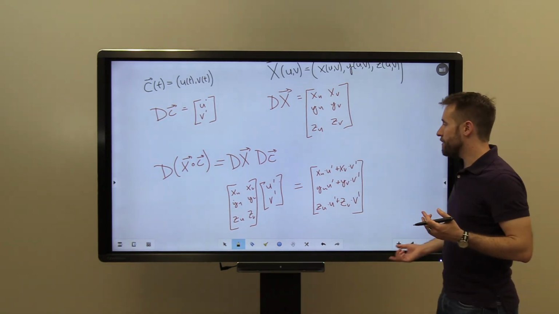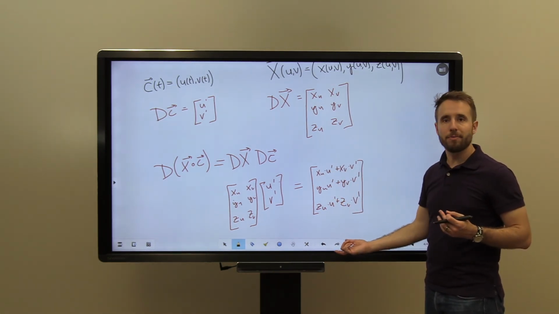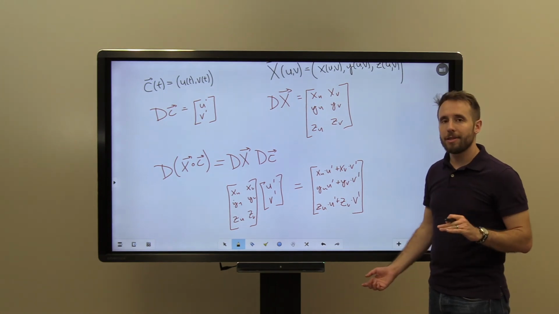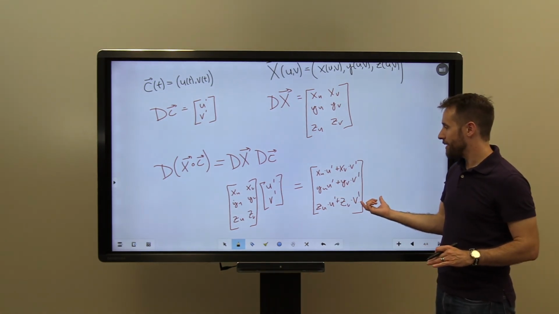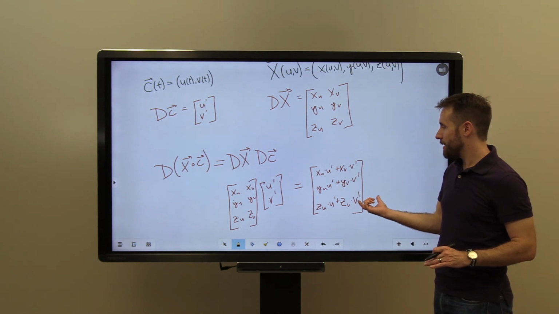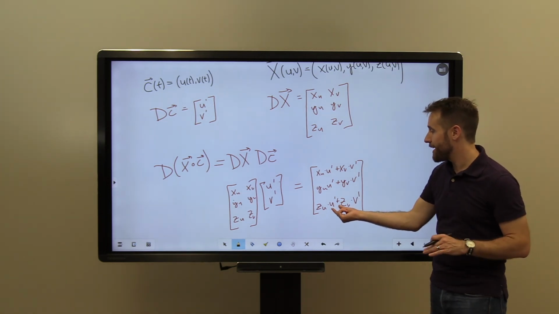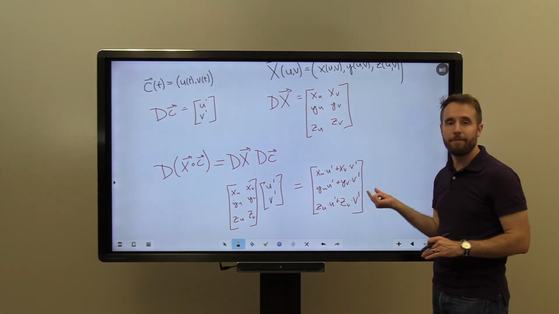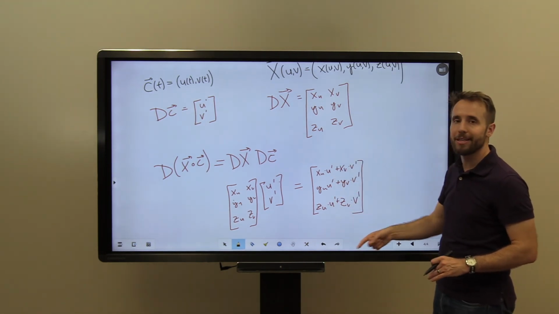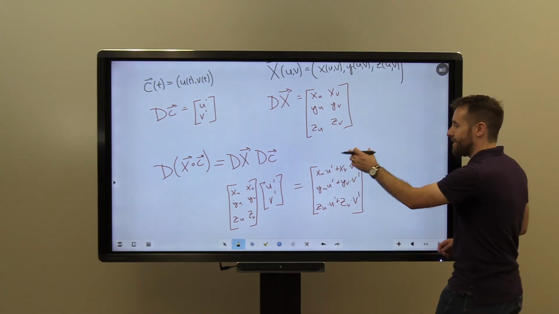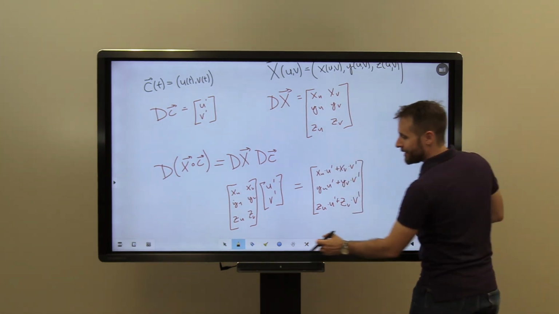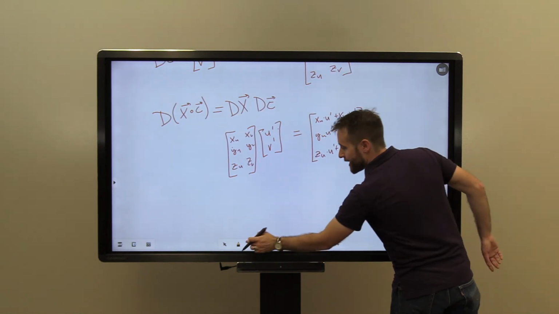And then I can further separate out that multiplication, by factoring out the scalars u prime and v prime, right? That's going to be a common component in each vector. So in this vector here, we'll have a u prime. In this vector here, we'll have a v prime.